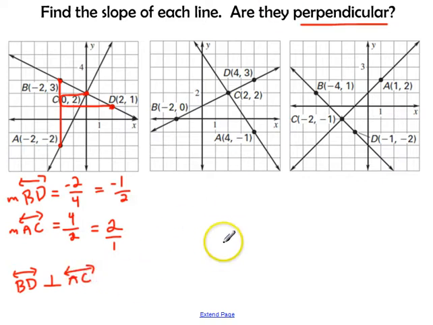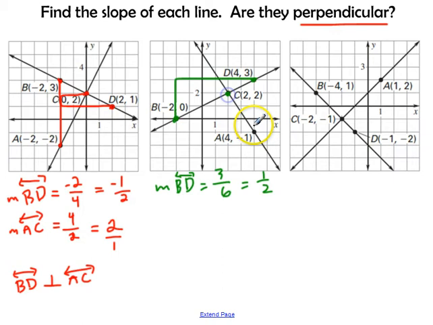Let's walk through the second one together. So first let's find line BD, that slope. So we go up 1, 2, 3 over 1, 2, 3, 4, 5, 6. So the slope of line BD is up 3 over 6, which is +1/2.